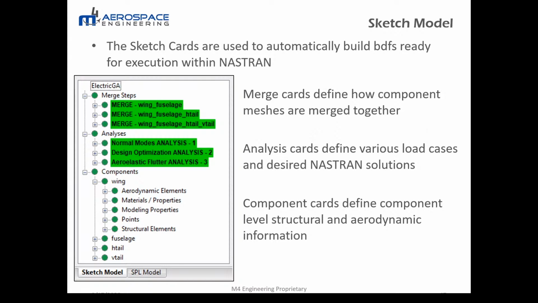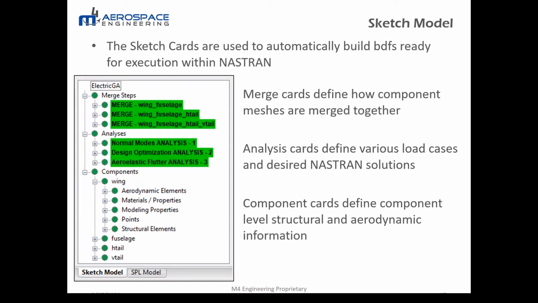This model, for example, shows three different analyses have been defined: a normal modes analysis, a design optimization, and an aeroelastic flutter analysis. Then within each of these analyses, additional sketch cards are added to define various parameters, loads, or constraints for the analysis. Underneath the analysis section, we have the components. These components were grabbed directly from the OpenVSP model.